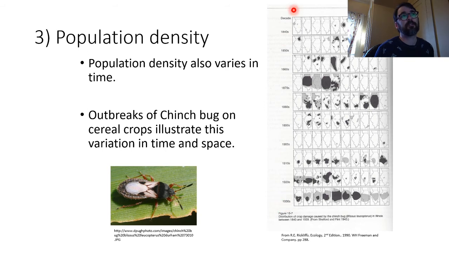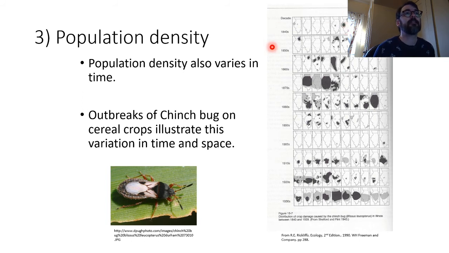So each one of these squares is a year, and then you can see that it's in the state of Illinois. So you can see that the darkness here is telling you how many chinch bugs there are and what the density is, right? So we can see that in the 1840s, there weren't very many, but there was an outbreak sort of in the Northwest.